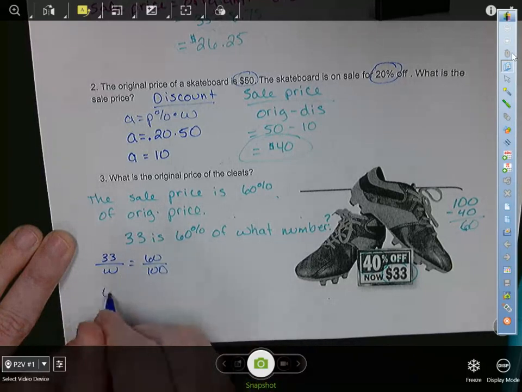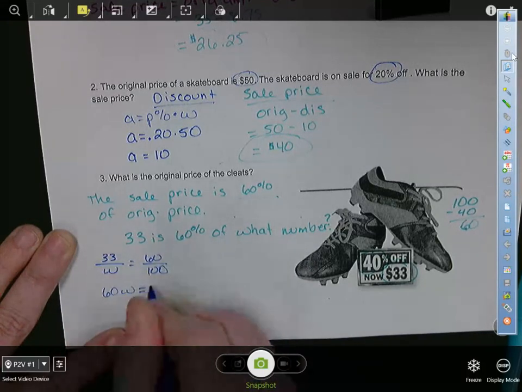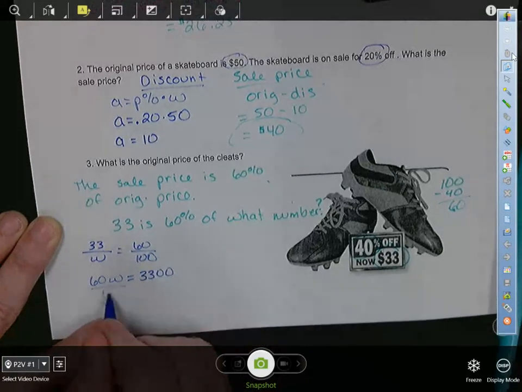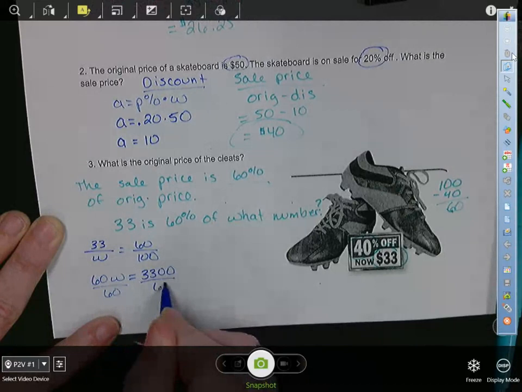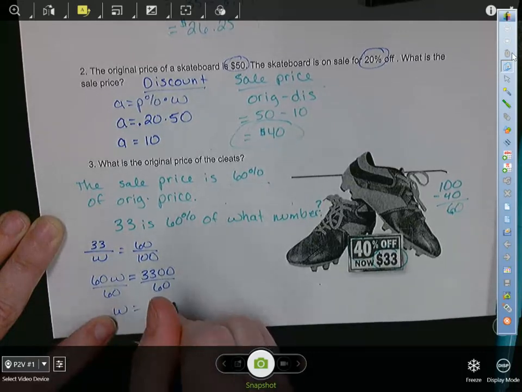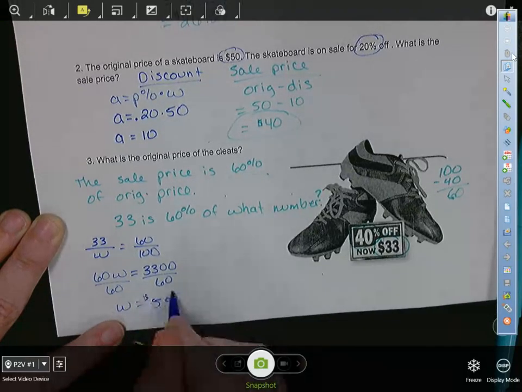W times 60 is 60W equals 33 times 100 is 3,300. And then we divide both sides by 60. And we get W equals 3,300 divided by 60. And that's 55. So the original price was $55.